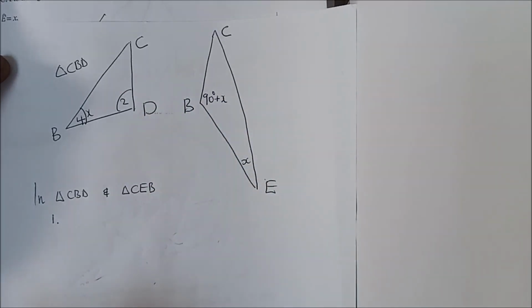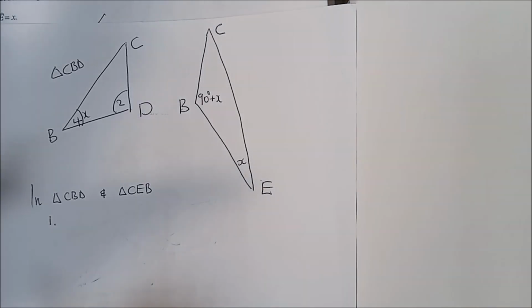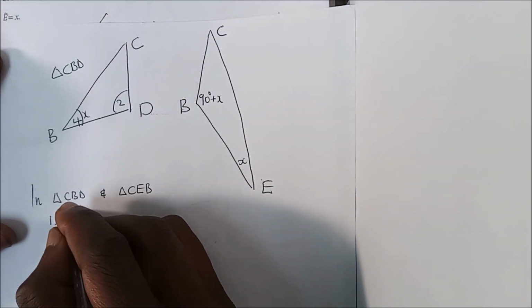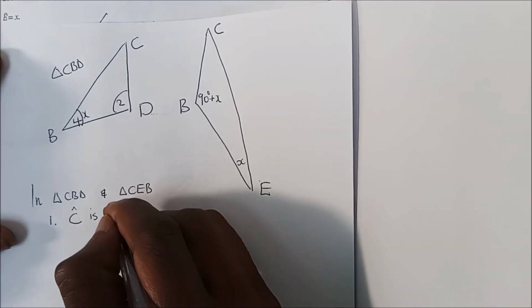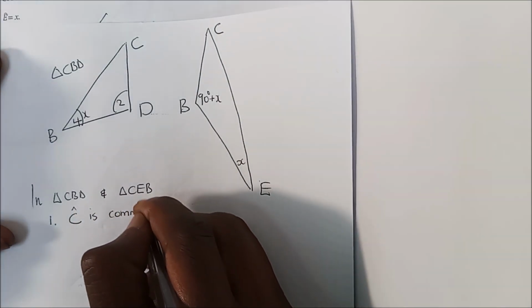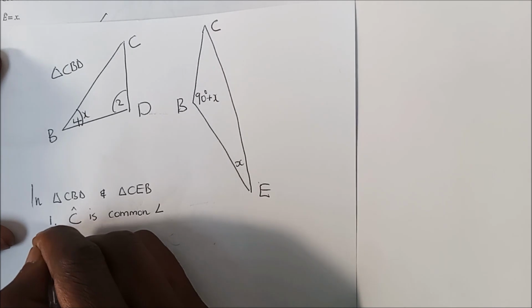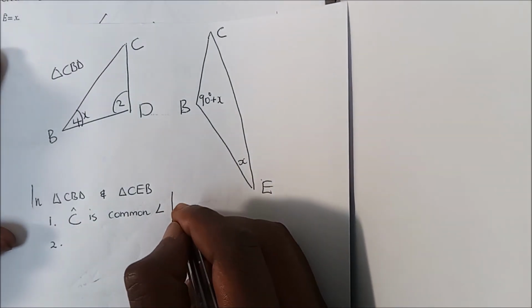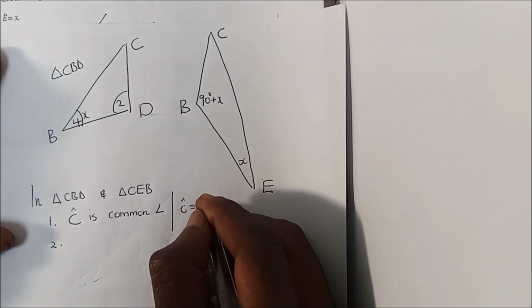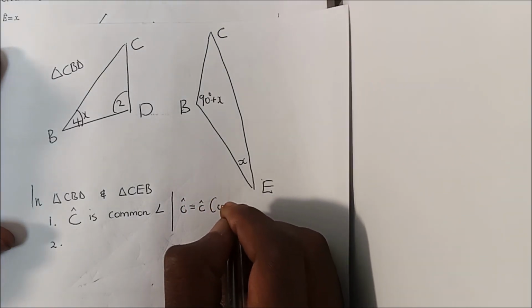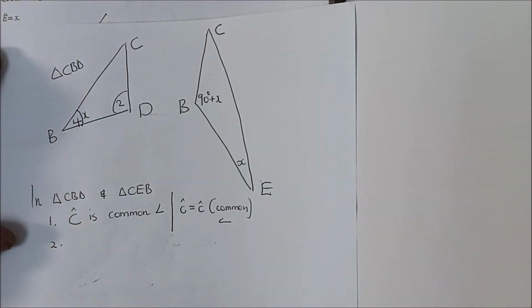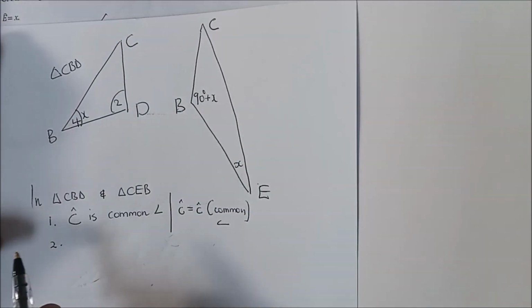There's something that is the same. The first thing, look at the C's. We have C and then we have C. So you can say angle C is common. That's our first condition. Or some people prefer writing C is equal to C, and then they will say common angle. That's still fine.